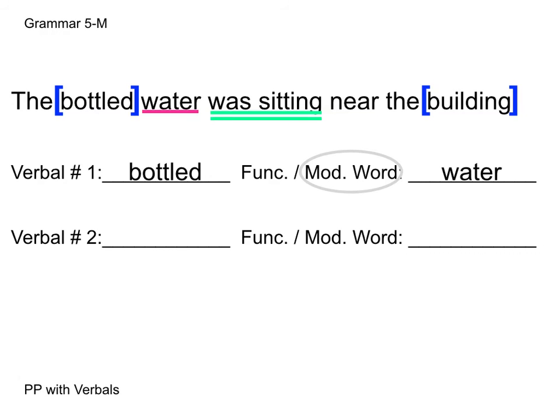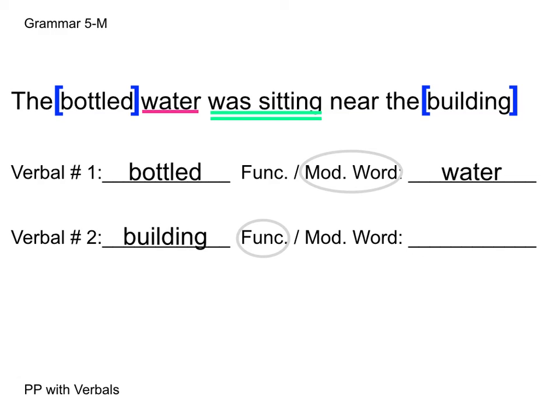And then we have our second verbal, and that's going to be building. It's going to be functioning as something, so I'm going to circle that. And now we need to identify what the gerund is doing in that sentence. Remember, gerunds can act as nouns, so they could be a subject, DO, or even an OP. And so we can see in this sentence, it is not the subject, and it is not receiving the action of the verb.